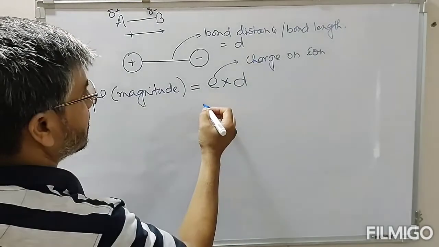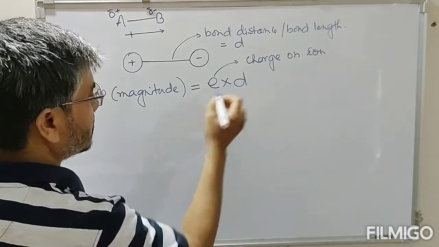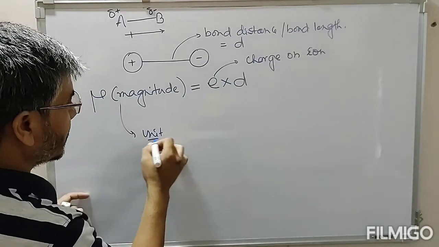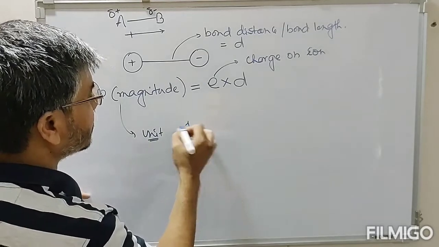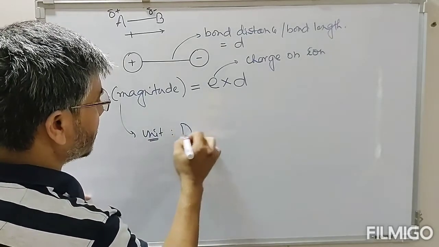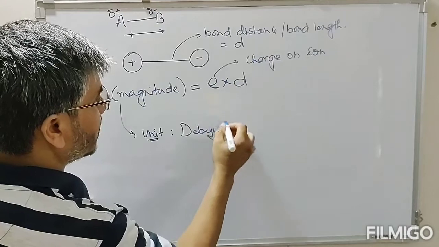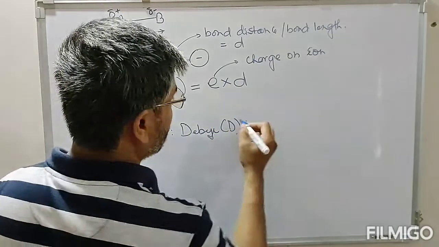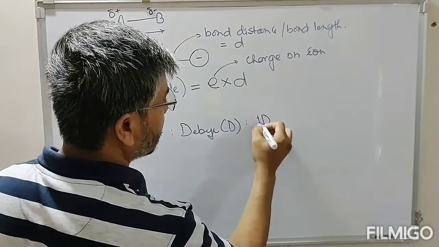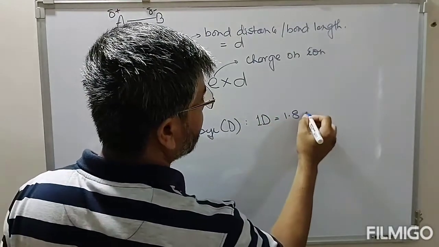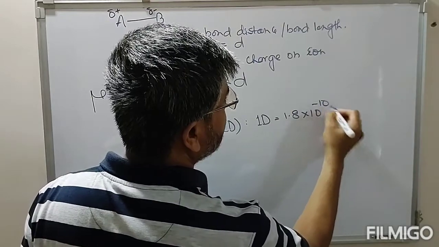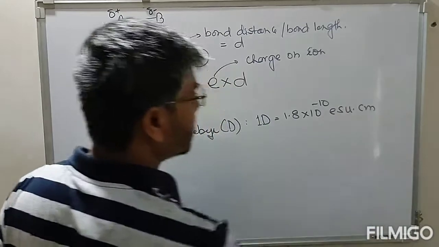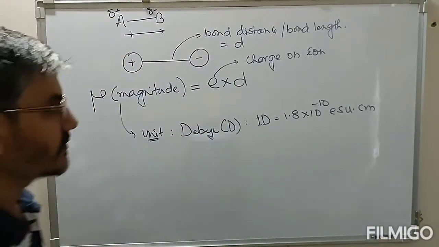So this is generally defined in terms of a unit. This is defined in terms of debye, simply written as capital D. So 1 debye is equal to 1.8 into 10 to the power minus 10 ESU centimeter, electrostatic unit centimeter.